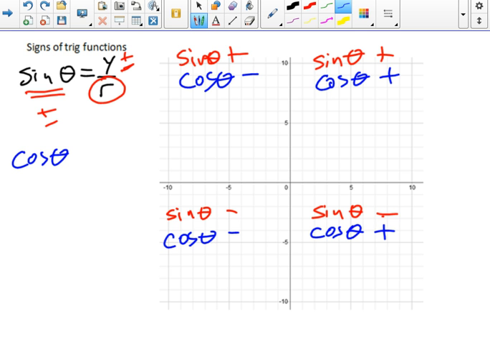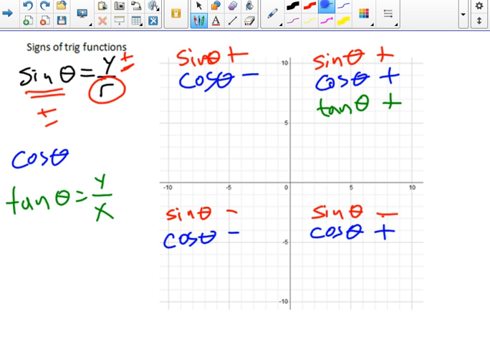Now, the interesting one is tangent. Because tangent of an angle is y over x. So whenever they're the same sign, tangent will be positive. Well, that's fairly obvious in this first quadrant. Yeah, they're both positive, so tangent's positive. But where else is tangent going to be positive? Where are x and y the same sign?